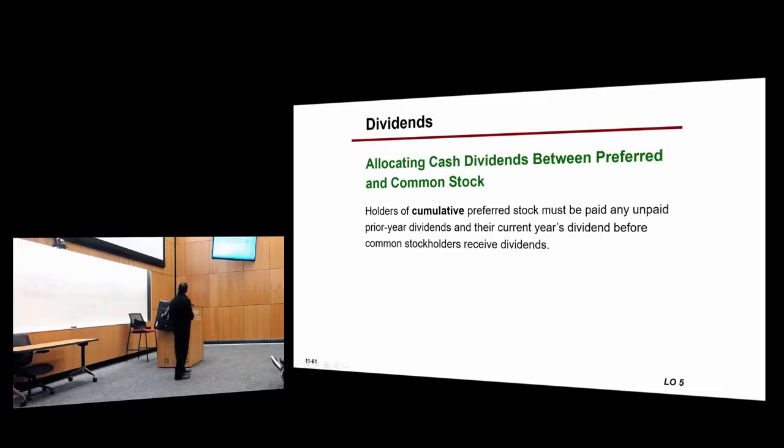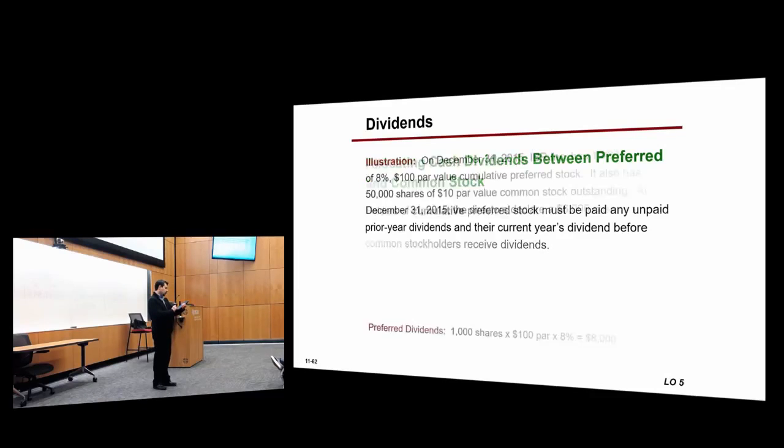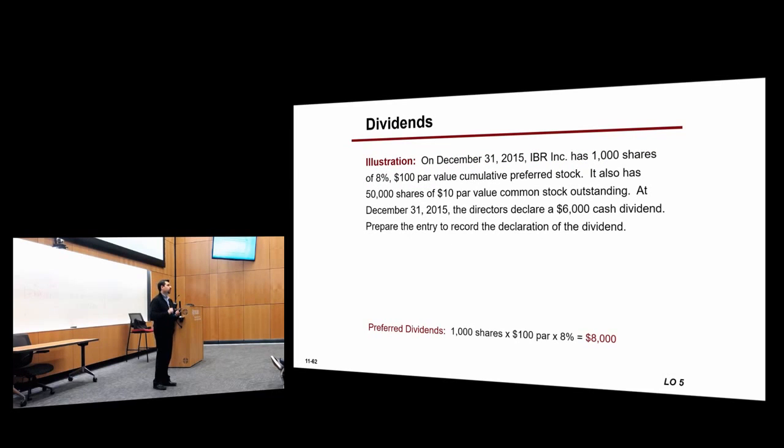Now here we will look at how it is distributed between preferred stock and common stock. Again, the cumulative preferred stock will have precedence over common stock. On December 31st, 2015, IBR Inc. has 1,000 shares of 8% $100 par value cumulative preferred stock.